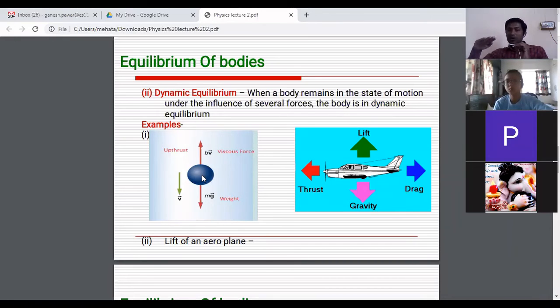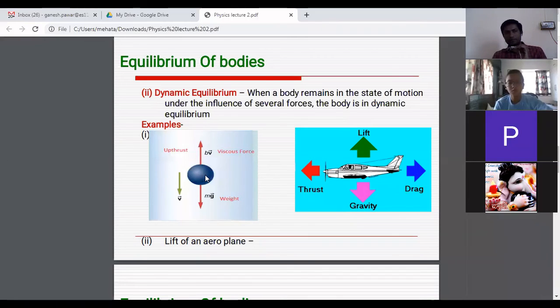But slowly, at one point, that person moves with uniform speed. The reason is that the weight of that person is balanced by the upward upthrust and the viscous force.